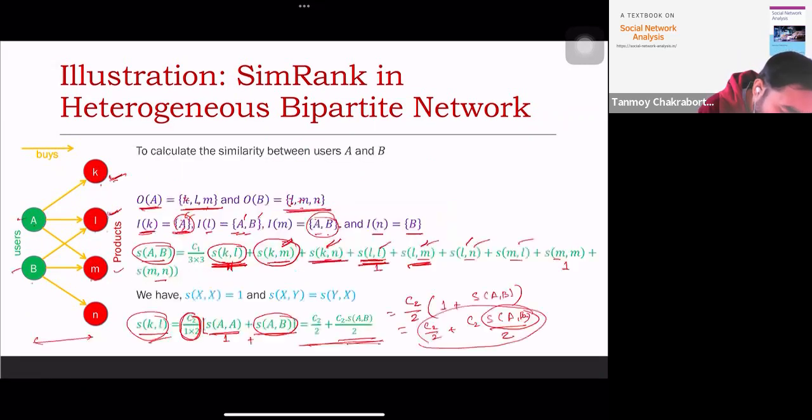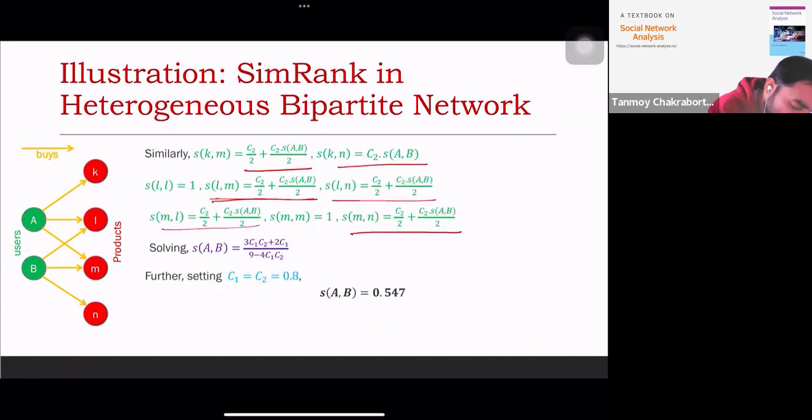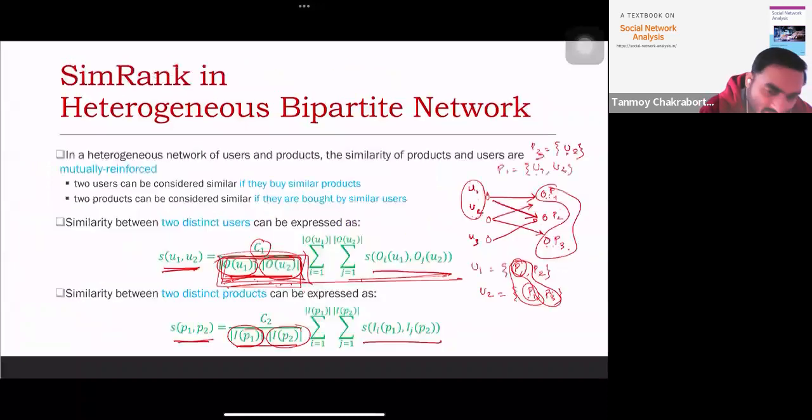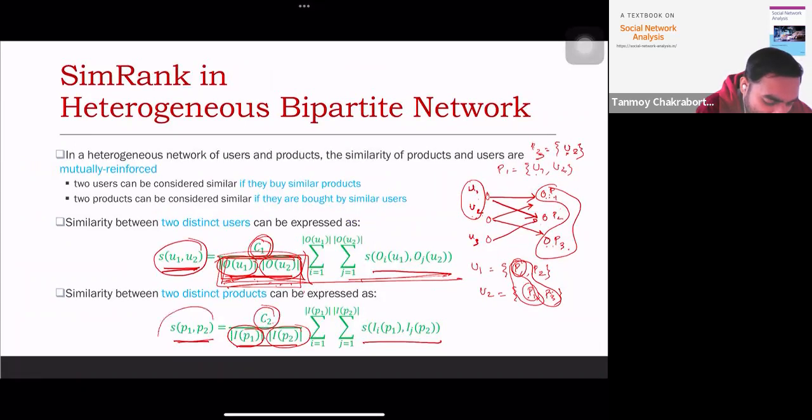If you replace all of them by a function of S of AB and do some small calculation, you will see that S of AB is this expression in C1 and C2. C1 and C2 are constants: C1 is used when you measure the similarity of two users, and C2 is used when you measure the similarity between two products.